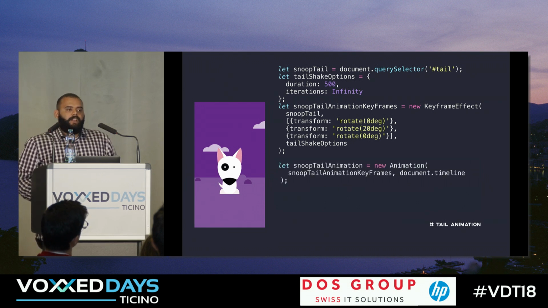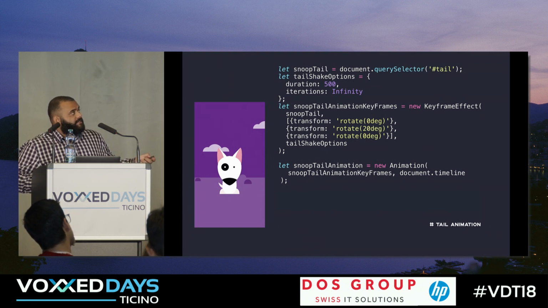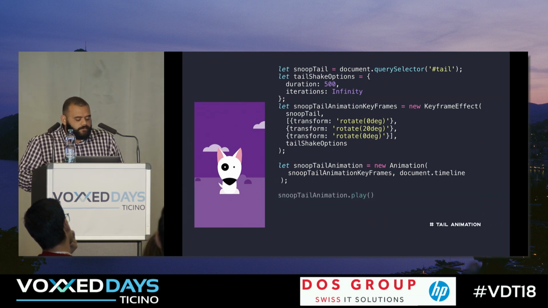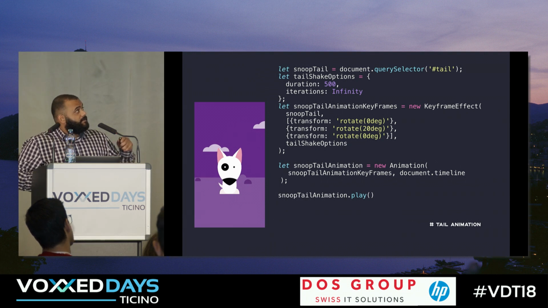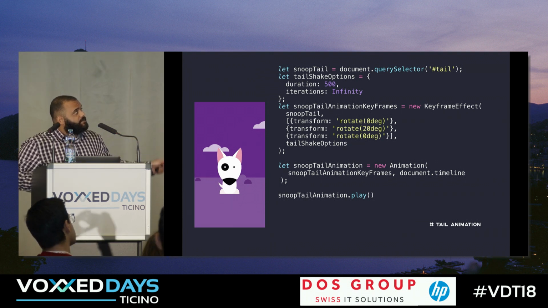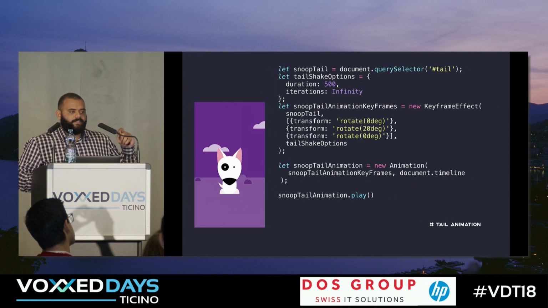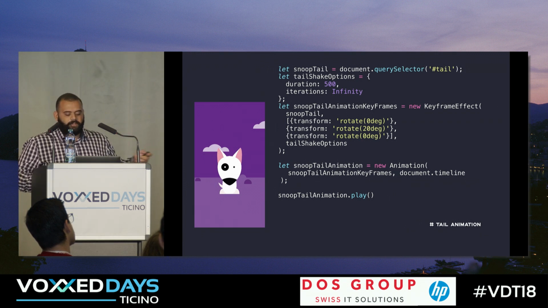After that, you have to create an animation and send the keyframe effect as the first parameter, and after that, ask to attach this animation to the document timeline. And in conclusion, we play this animation. But, you know, it was a huge amount of code only to write an animation for the tail, and it's a simple animation.